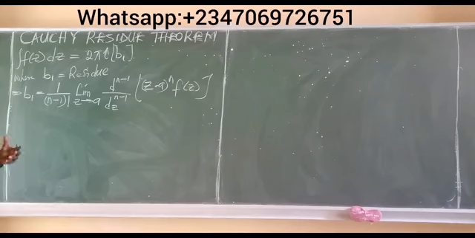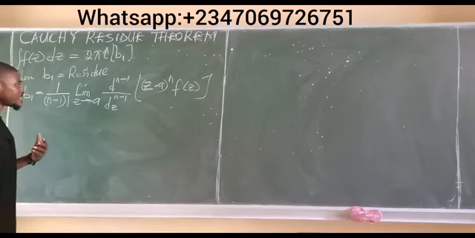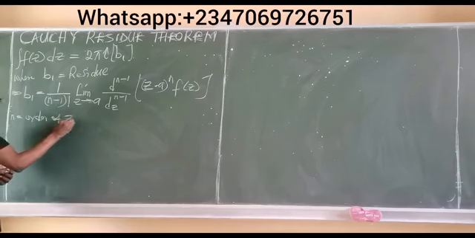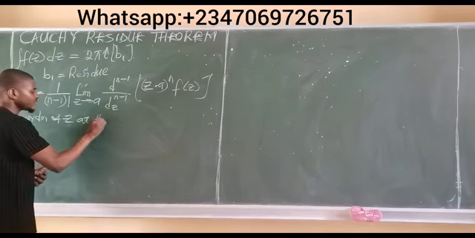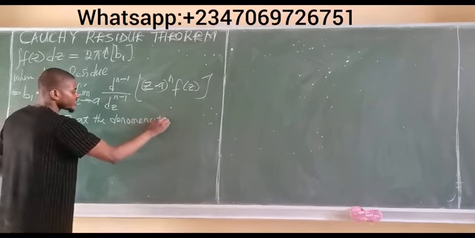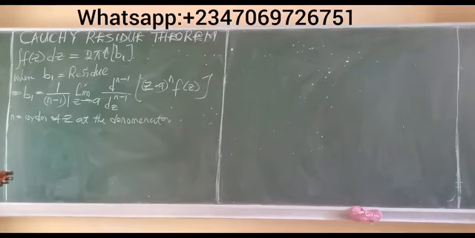Now let's identify each of these notations and their meanings. n here stands for the order of z at the denominator. This simply means the highest power of z at the denominator after factorizing the denominator.